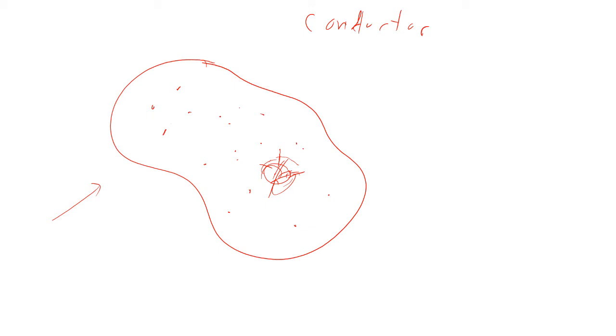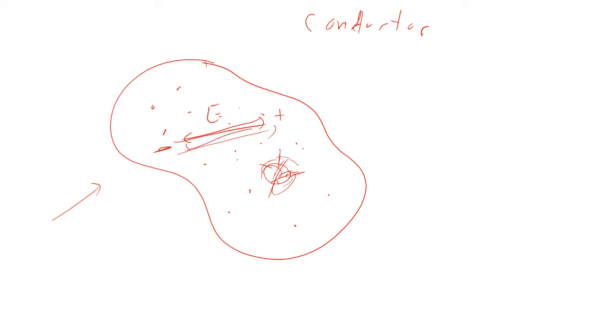Anytime there is an electric field in a conductor, the charges will move. And again, if you have an electric field in that direction, then negative charges will go here, positive charges go there, but then they make an electric field in the other direction, which cancels.